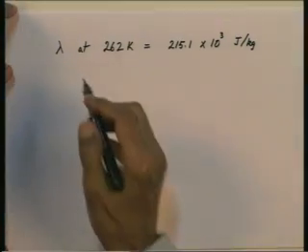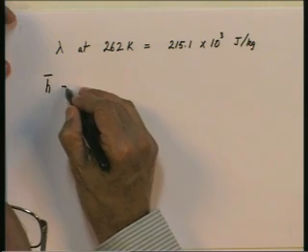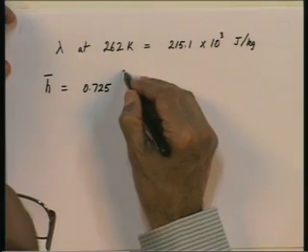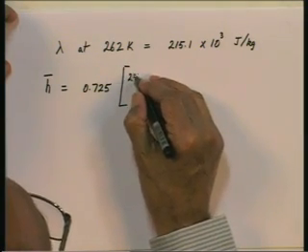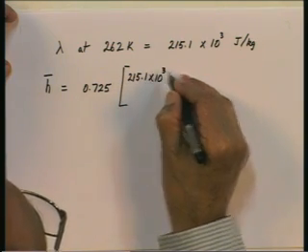Now, substitute into our formula. So, we have H bar is equal to 0.725 into lambda. Lambda is 215.1 into 10 to the power of 3.